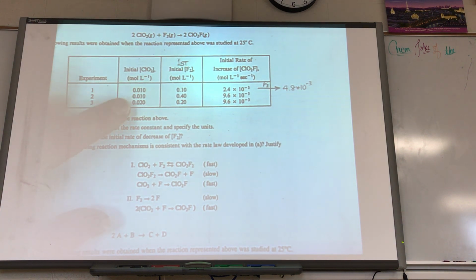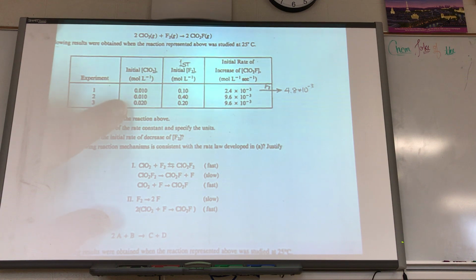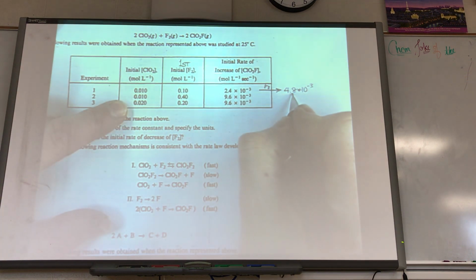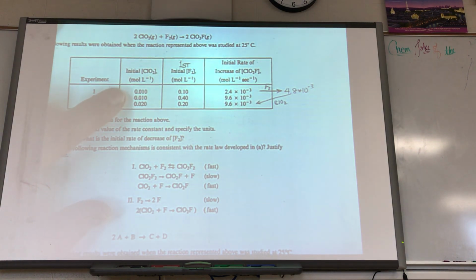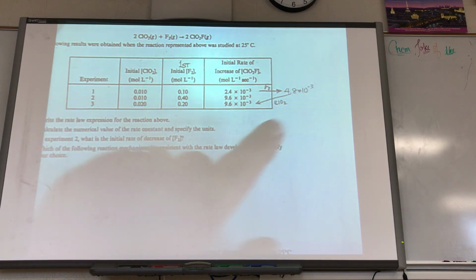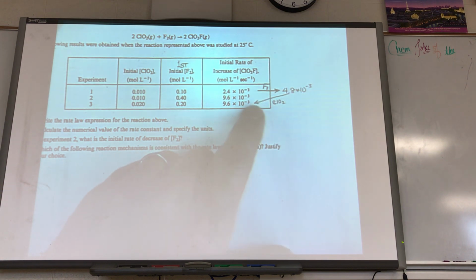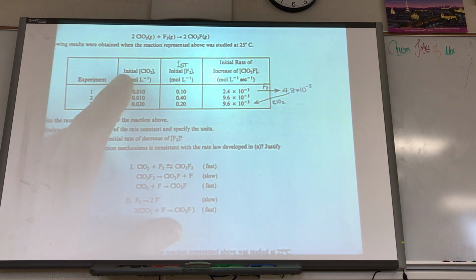The ClO2 also doubles. It goes from 0.01 to 0.02, from trial 1 to 3. Now I'm going to take this corrected rate and see how much the ClO2 influences that. When the ClO2 doubles, what's happening to the corrected rate from 4.8 to 9.6? It doubles as well. That means the ClO2 is first order.